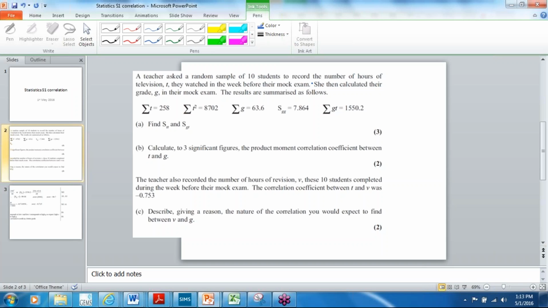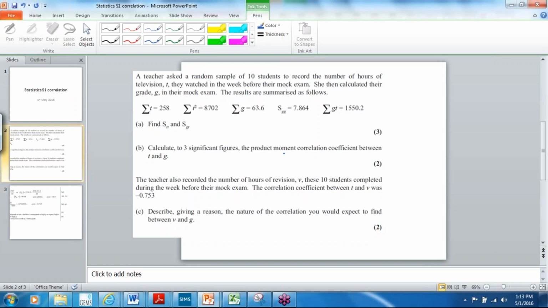So the two variables are T and G. Now we're after the covariance of TT and the covariance of GT. This will be used to calculate the correlation coefficient, which is part B.